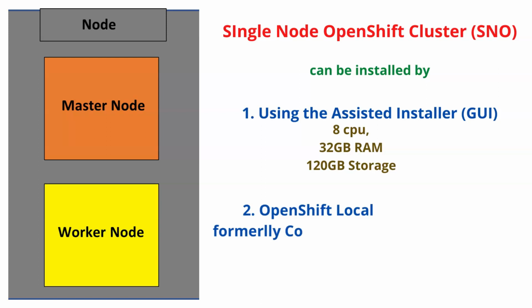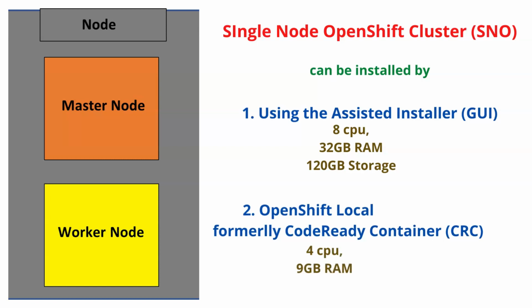This is formerly known as CodeReady Containers. With OpenShift Local, you can install a minimal version of OpenShift on your laptop or desktop. And the minimum requirement for this installation is 4 vCPU, 9 GB RAM, and 35 GB storage.